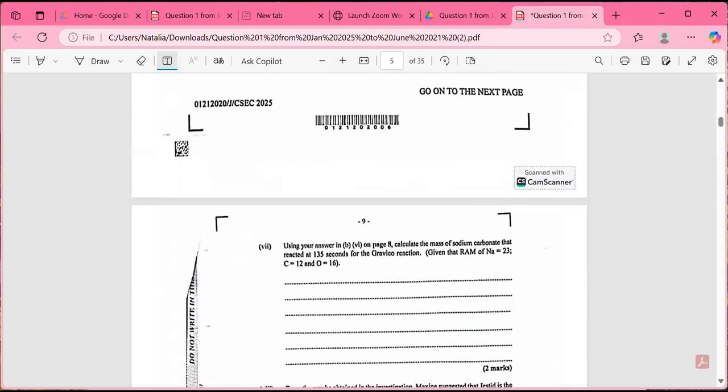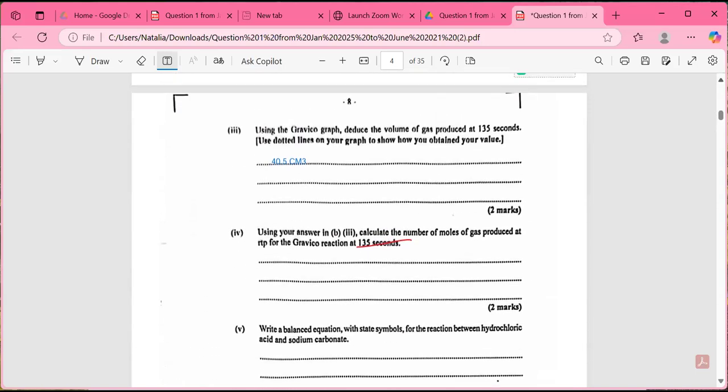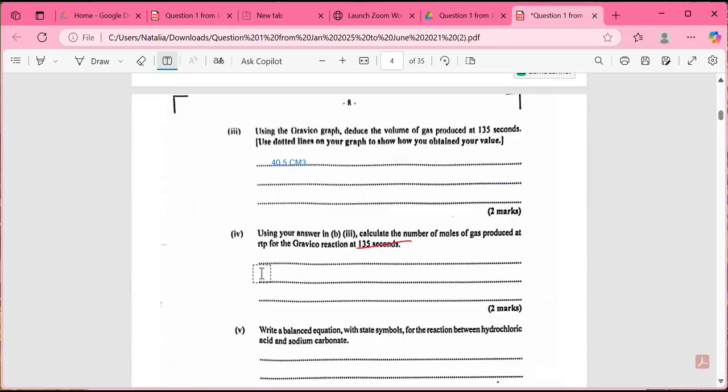What's the molar volume at RTP in centimeters cubed? Using centimeters cubed because the volume is in centimeters cubed. It's 24,000 centimeters cubed. Good.